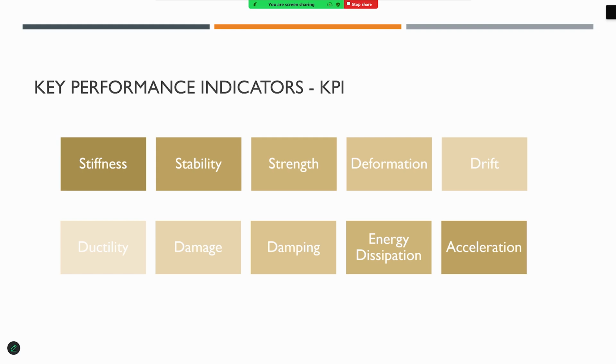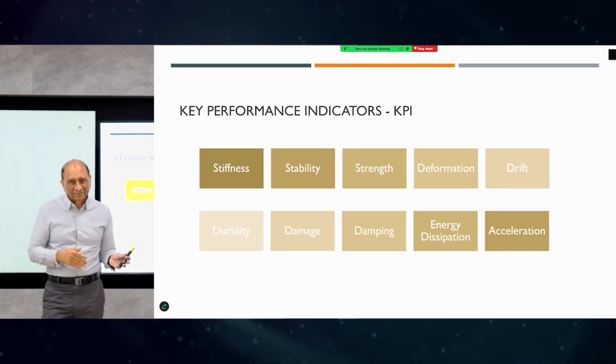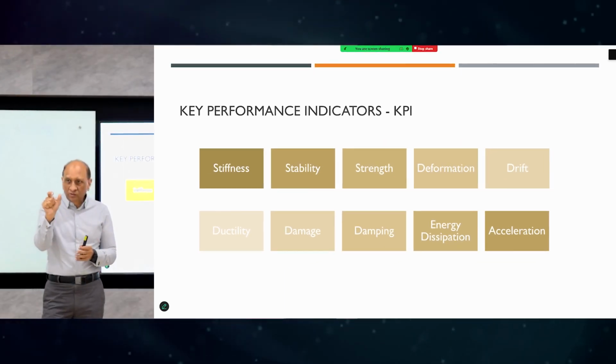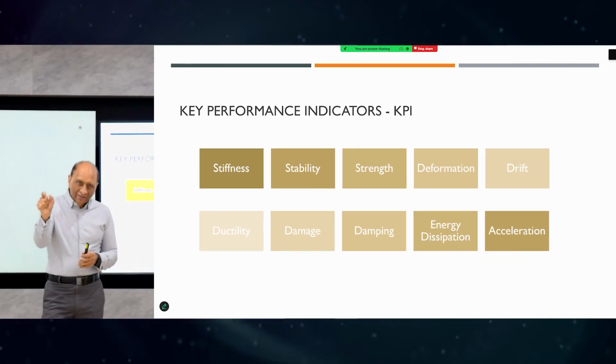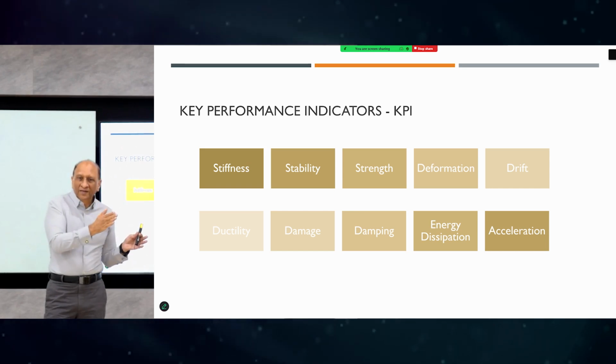So one of the key controls is drift. If you control drift, you control many things in a tall building. So if you're a tall building designer, the first thing you're looking for is drift control, because if you control drift, you will automatically control most of the other things. Drift is a deformation control, and if you limit that, everything else will fall in place.